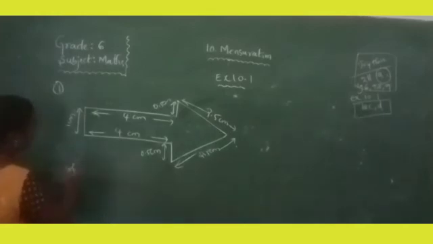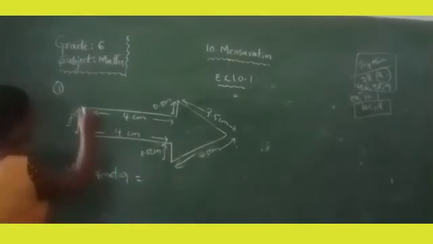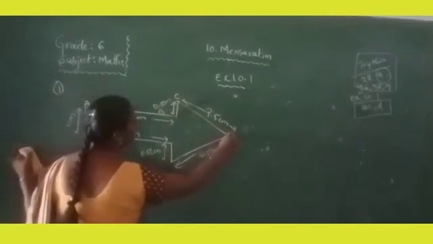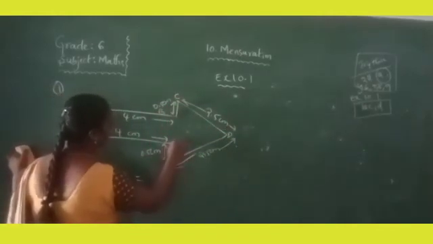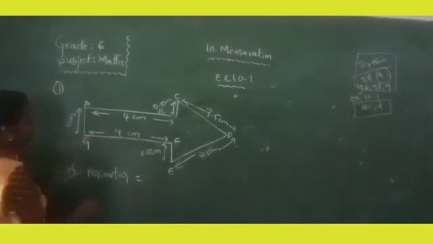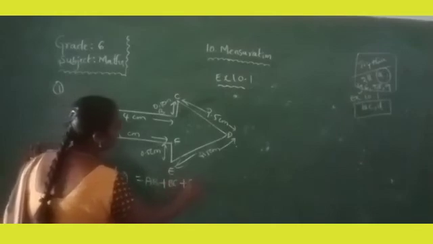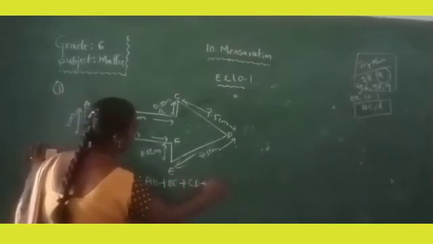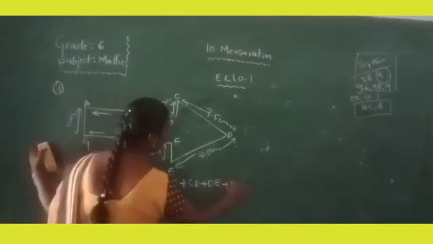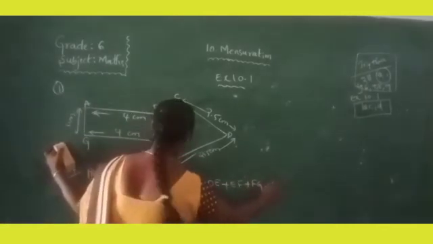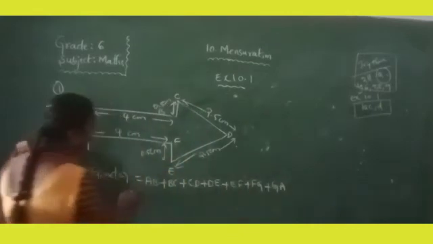Right, here the solution: perimeter is equal to. Here also write the names A, B, C, D, E, F, G. First AB plus BC plus CD plus DE plus EF plus FG plus GA. What is the length of AB?